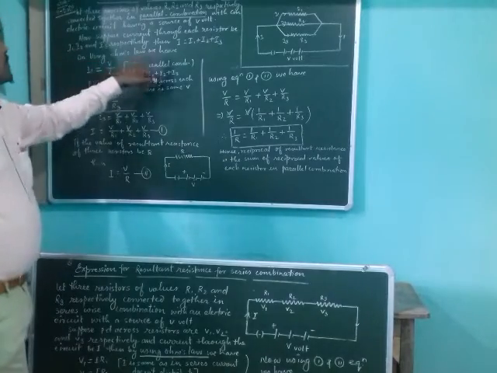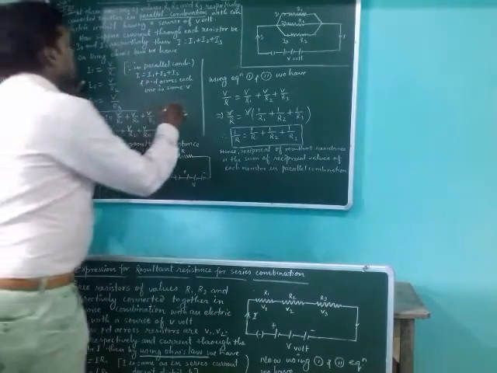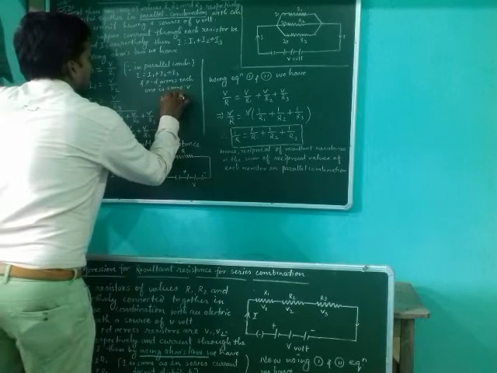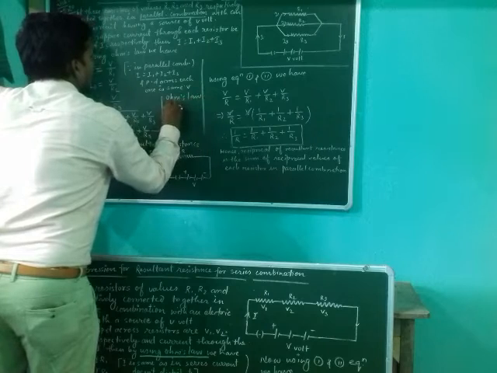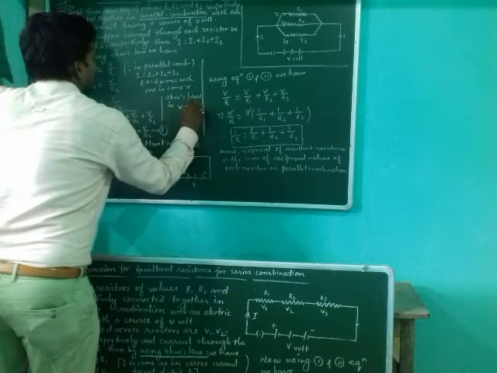On using Ohm's law, what is Ohm's law? V is equal to IR.